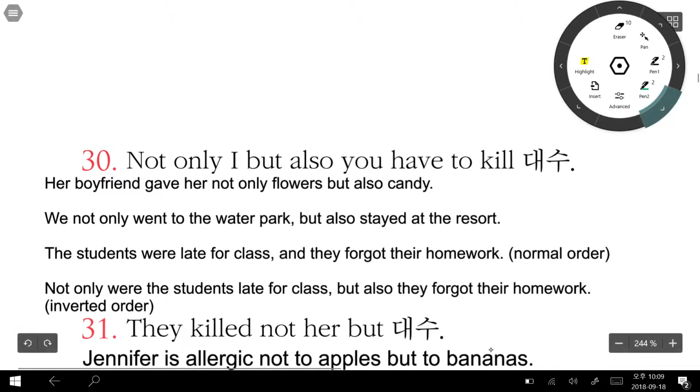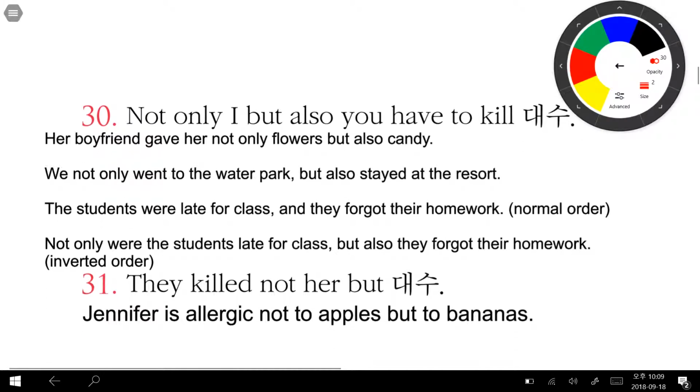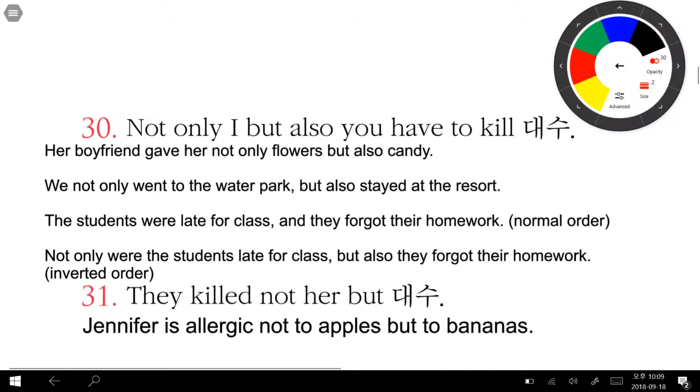They usually connect equal grammatical parts: words, phrases, complements, or clauses. Some of the most common ones are either or, neither nor, both and, not only, but also.